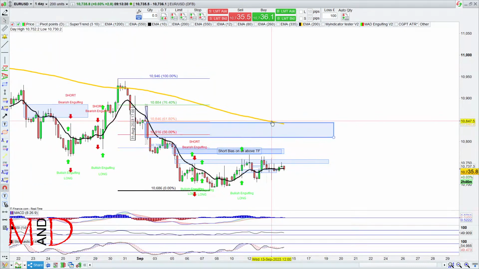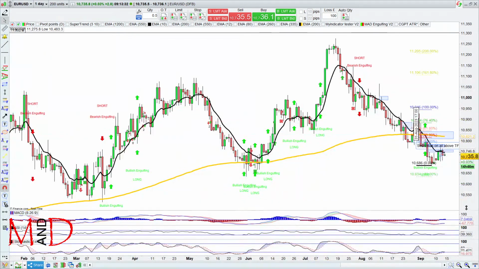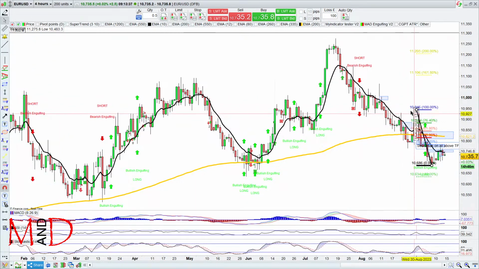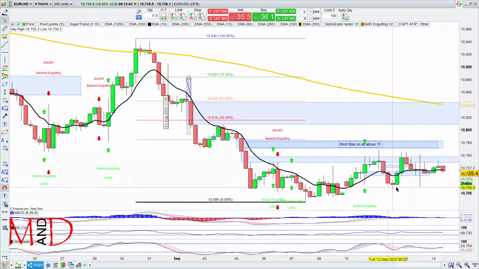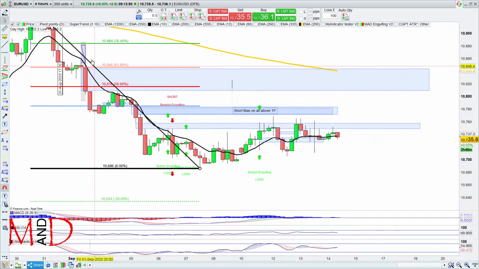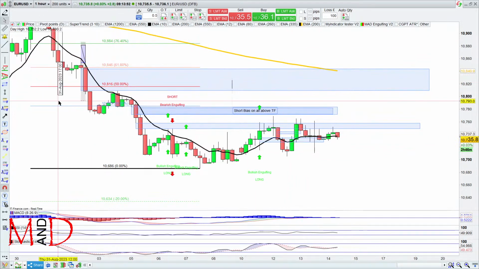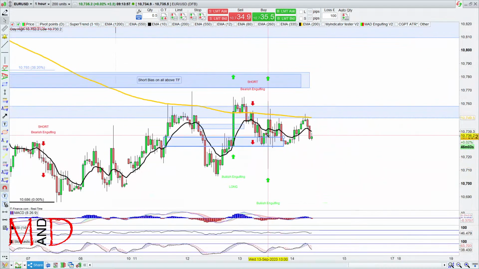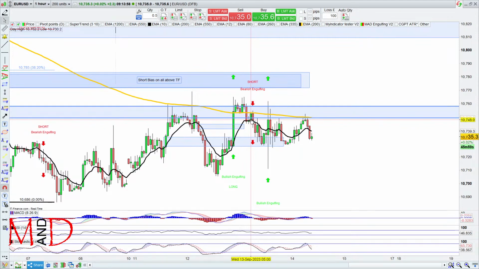So daily we are short bias, aren't we? Yes. 4 hourly we are short bias, aren't we? Yes. So we're going to wait for a short setup or a short signal. 1 hour, we are short bias. So we could have taken that one at 6. I wasn't around.